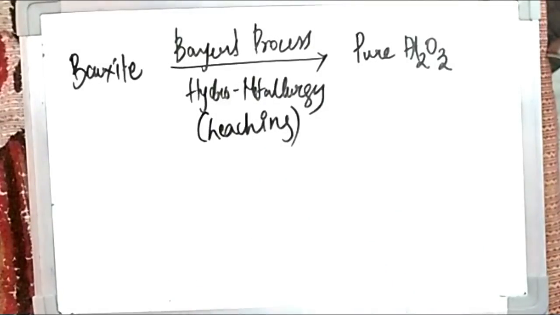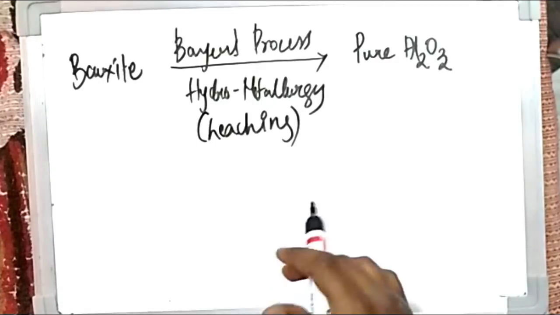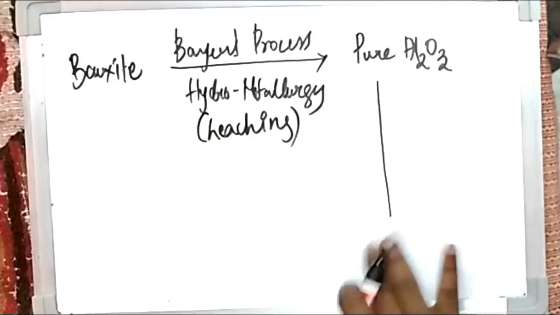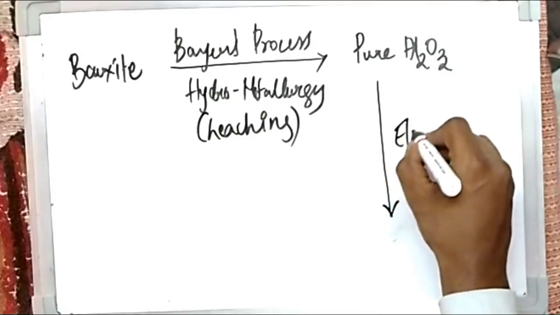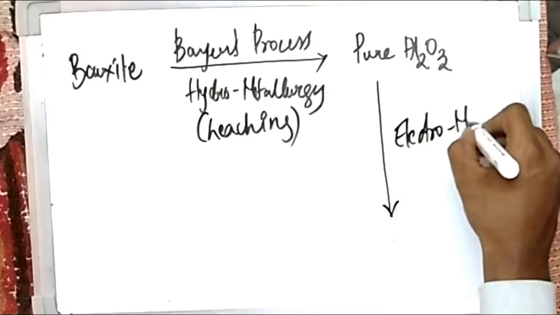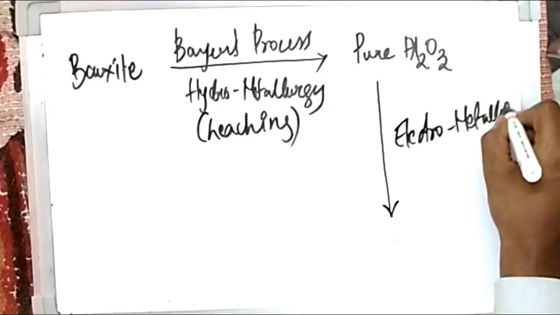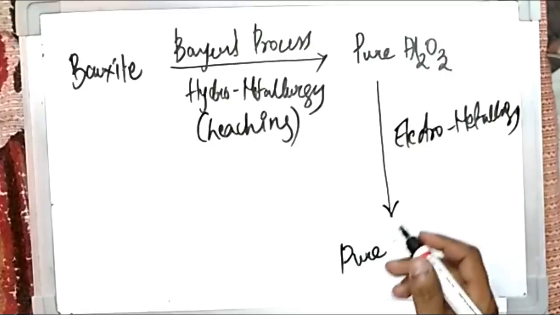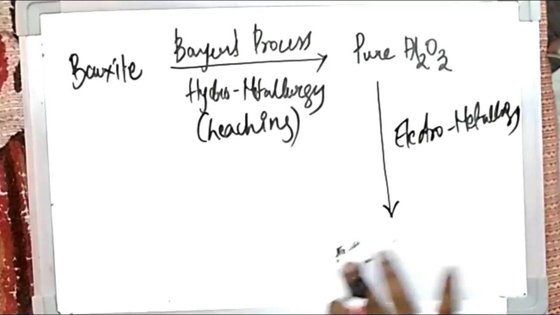And after getting pure Al2O3, it is taken into the electrolysis, or electrometallurgical route, in order to obtain pure aluminum. Actually, we cannot say pure aluminum.